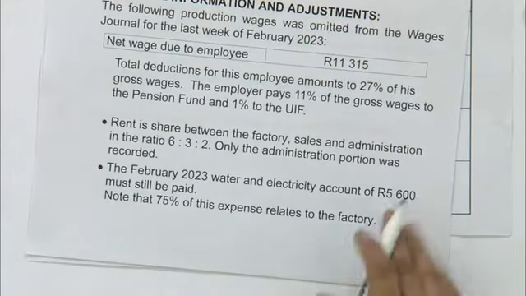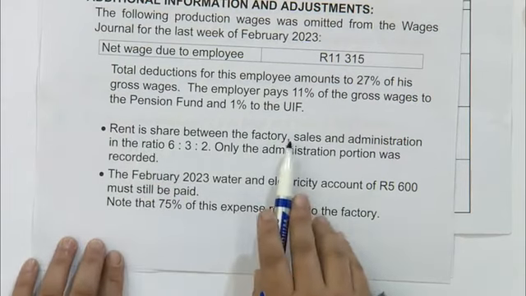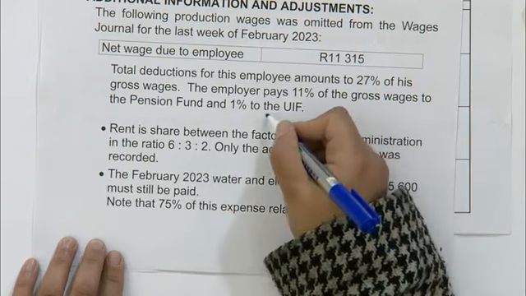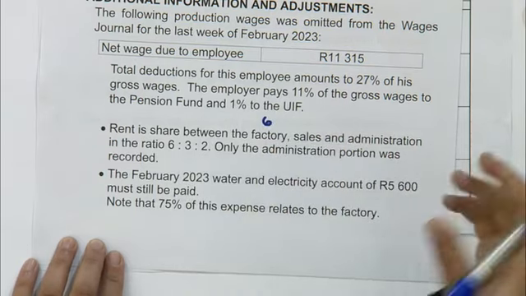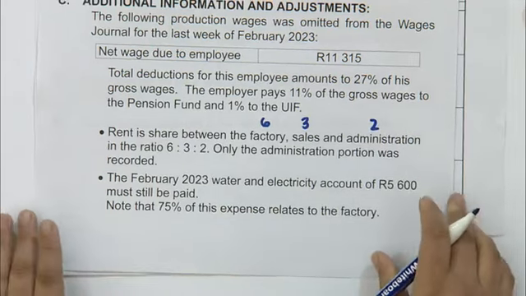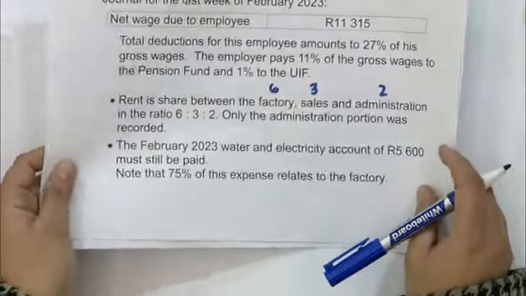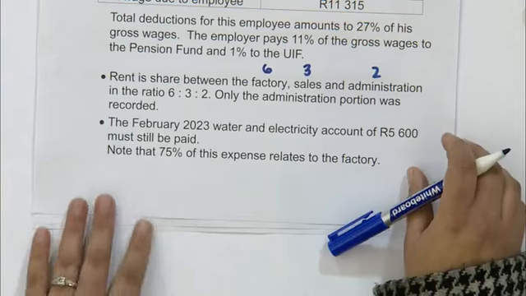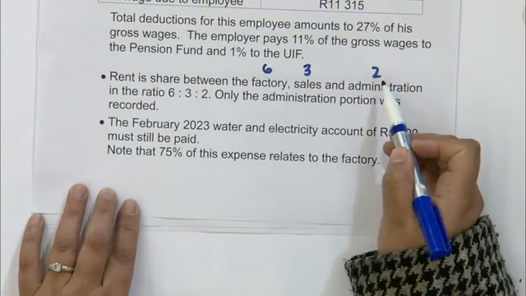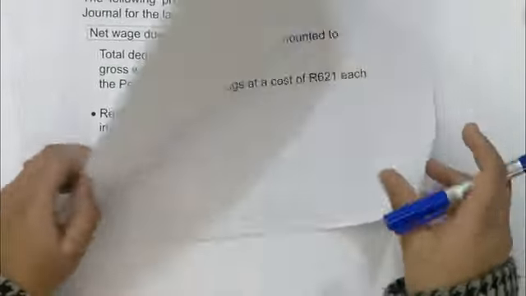So it does say here, second bullet point, rent is shared between the factory, sales, and admin in the ratio of 6, 3, and 2. So it means that the factory is 6. Your sales is 3, your selling and distribution, and your administrative is 2. Now, I'm sure your teacher said this. It's what you want over what you have. So we want the ratio 6. We have 2. So if we were to do the calculation in our books, this is what we would do.